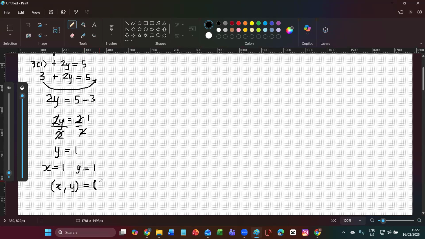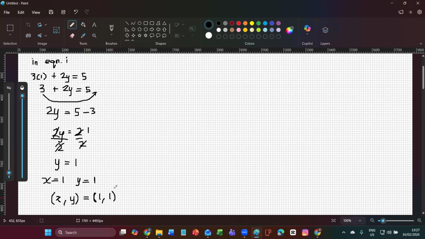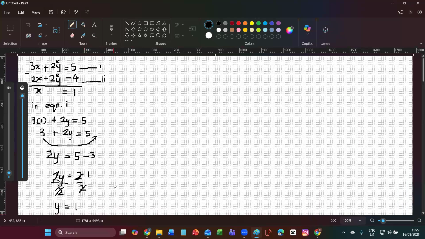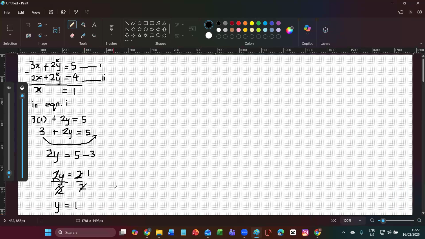Okay. So this is how our point would look. (1, 1). All right, so I want you to just take a look at the steps again. Was there any part you didn't get that you would like us to go over?